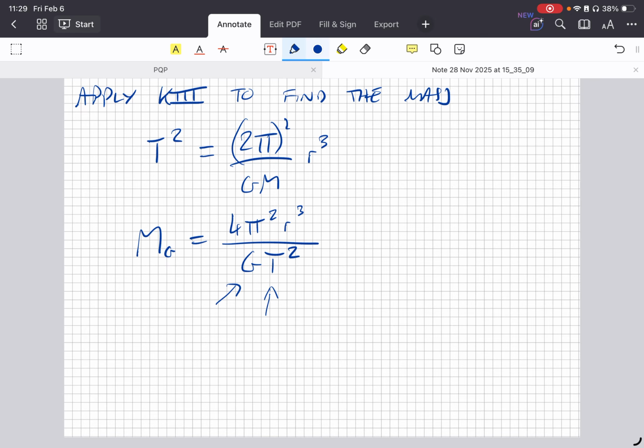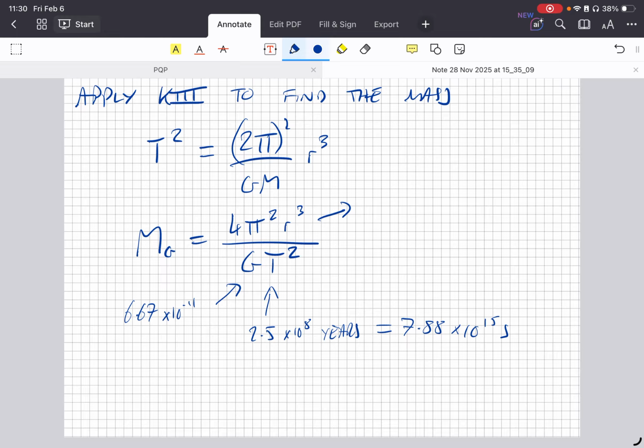G here is Newton's gravitational constant, which is 6.67 times 10 to the minus 11. The time period is 2.5 times 10 to the 8 years, which, if you do the conversion, is 7.88 times 10 to the 15 seconds.